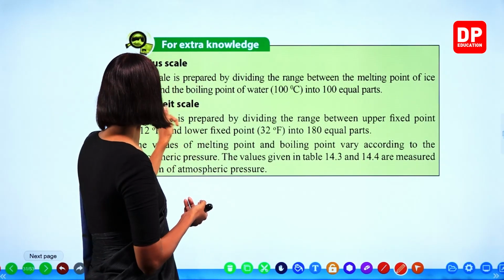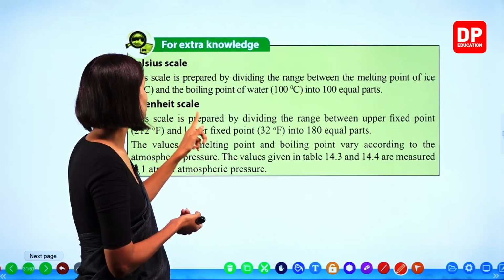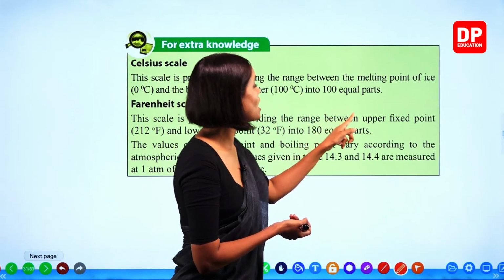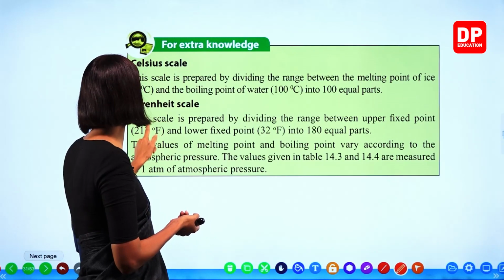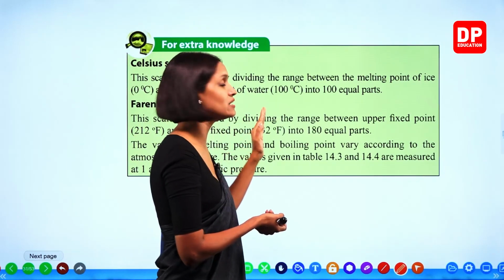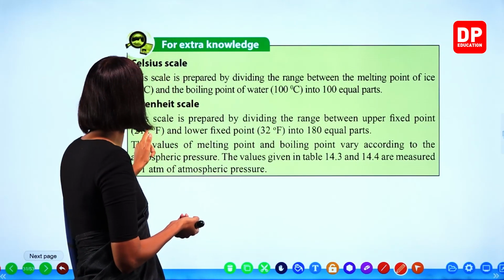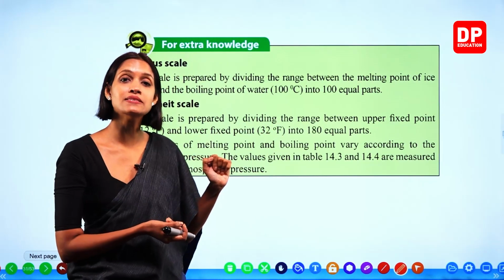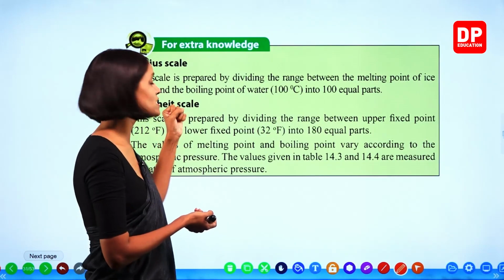Right? So the Fahrenheit scale. This scale is prepared by dividing the range between upper fixed point 212 degrees Fahrenheit and lower fixed point 32 degrees Fahrenheit. Now 212 degrees Fahrenheit means the boiling point of water in Fahrenheit.